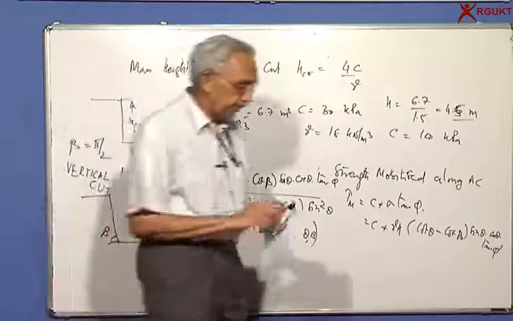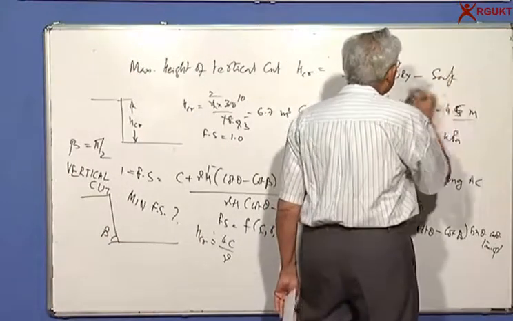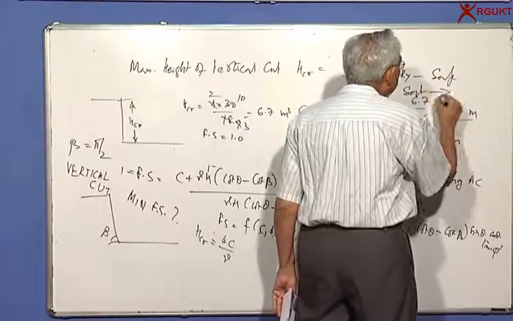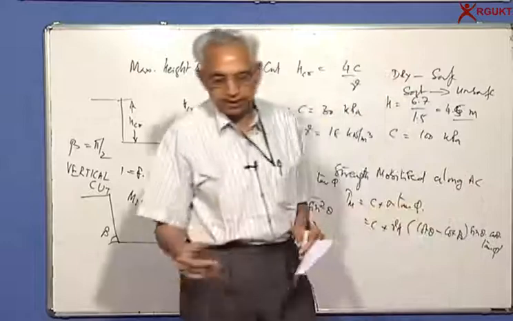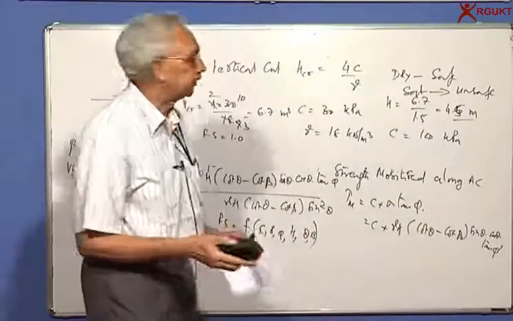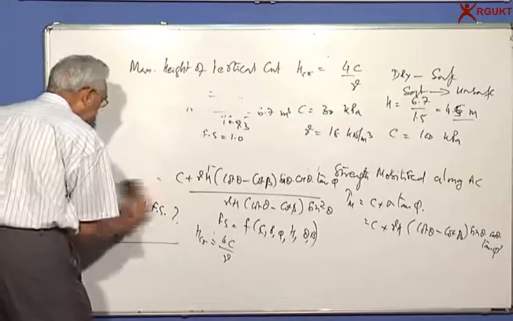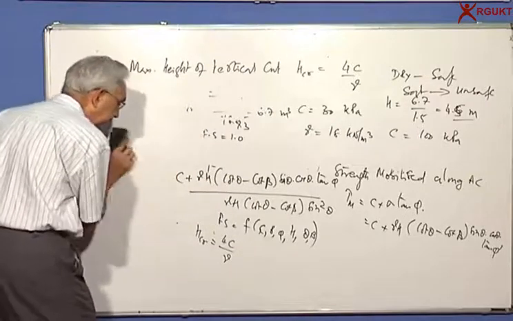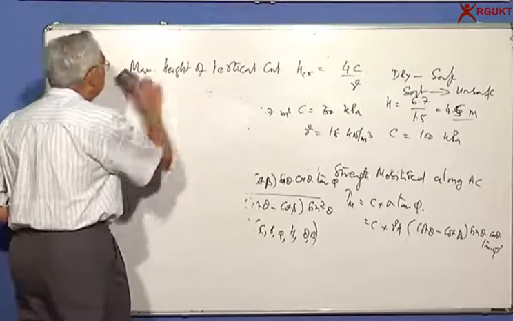So in case of dry condition, safe, but if it is saturated, it may become unsafe. That is why you find during rainy season, a lot of failures taking place. So this illustrates how we can calculate the factor of safety by postulating a failure surface and finding out the minimum.